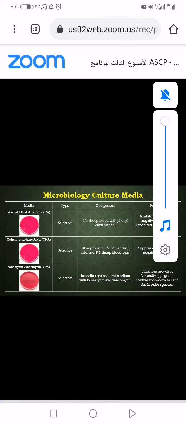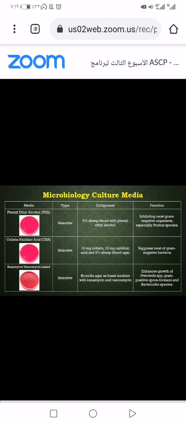We screen surgical samples or tissue for aerobic or anaerobic organisms. With anaerobes, most of the time the colonies are very small. Okay, if there is Klebsiella, it will grow over the Prevotella, and we will not be able to see it.